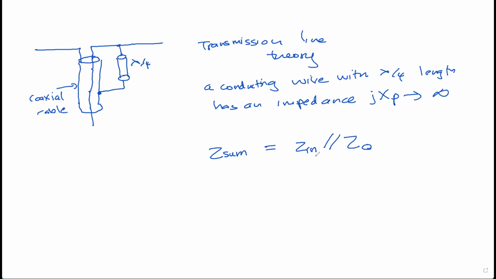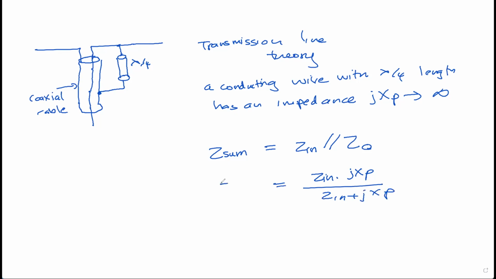Z naught is going to be JXP, which is reaching infinity, right? Once these are connected in parallel, we can write the expression as Z in times JXP divided by Z in plus JXP, right?